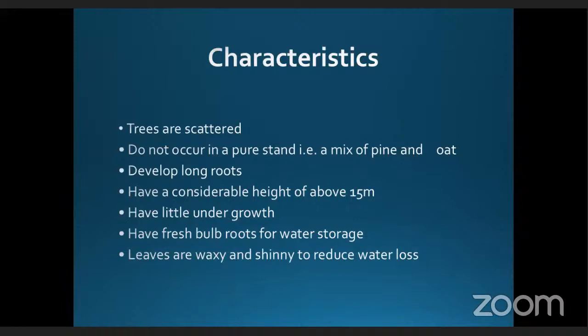Yes, he wants to explain why they are waxy in nature. So it is actually among the ways how leaves can be able to reduce water loss.